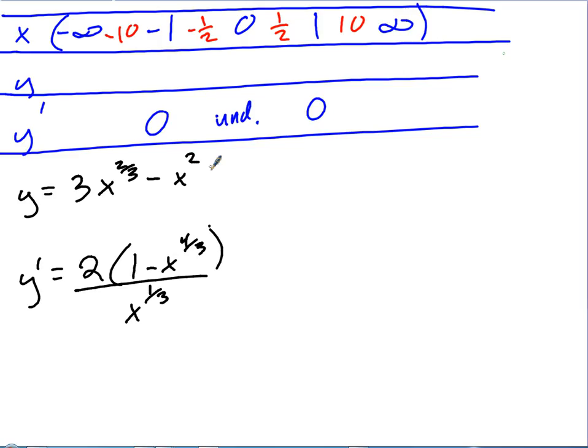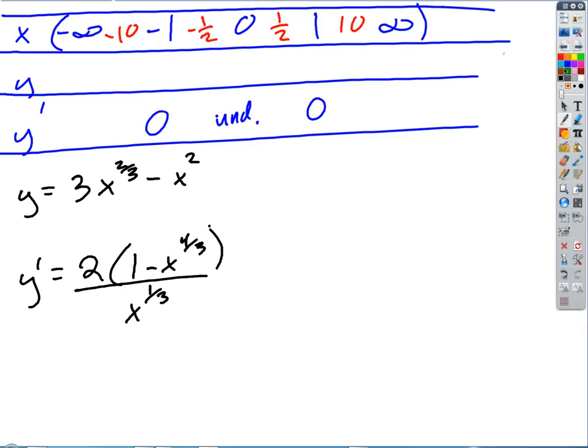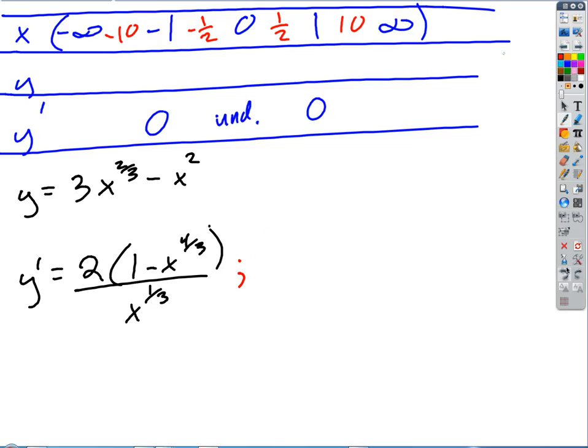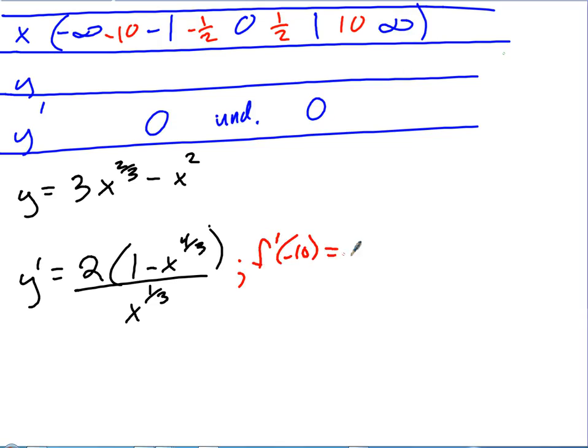Okay, good. Now we're checking signs, checking critical numbers here. So, it's easier to write it this way. F prime of negative 10 equals negative on the bottom, right?